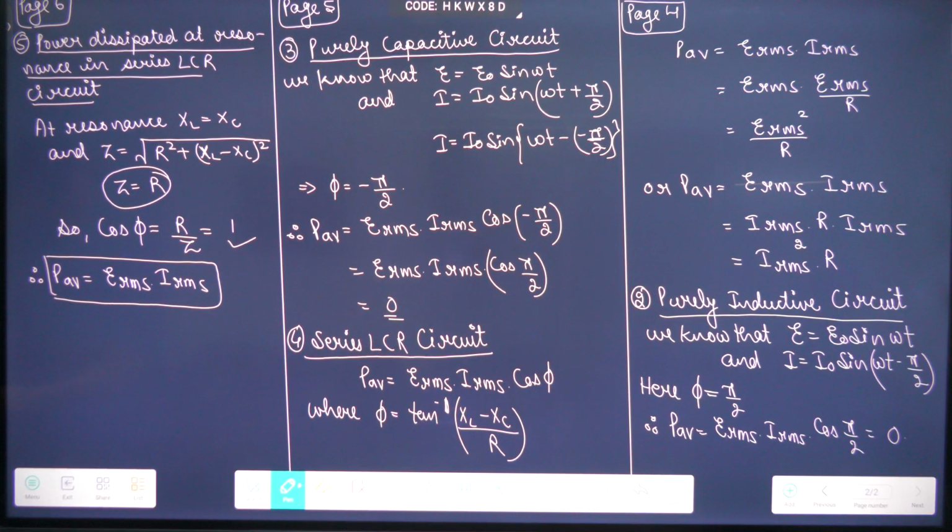Now, the next topic is power factor. You note down till here.